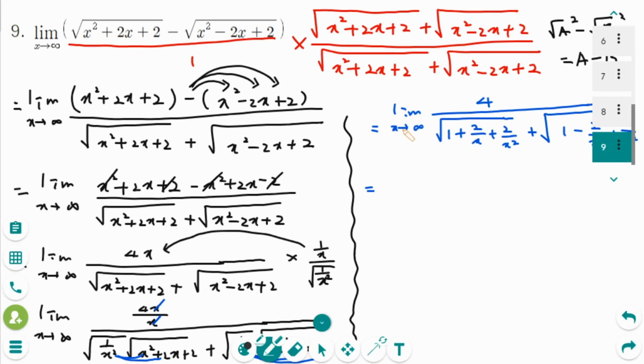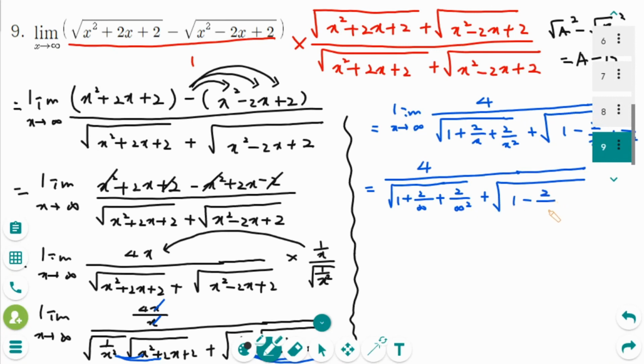Then infinity into x, this is 4 over square root of 1 plus 2 over infinity plus 2 over infinity squared, plus square root of 1 minus 2 over infinity plus 2 over infinity squared.